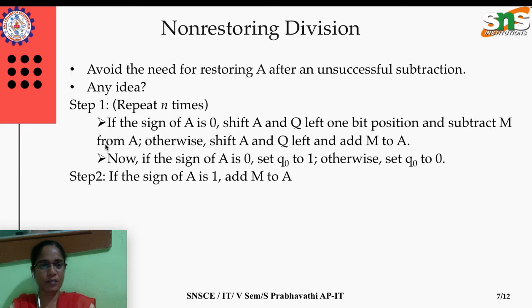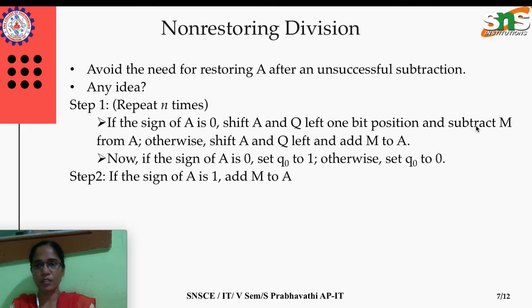It's an algorithm of two steps. Okay, it's quite simple. Okay, so again, n times, if the dividend is of n bits. Initially you check if the sign of A register is 0, then we shift AQ left. Okay, so left shift AQ and subtract. Otherwise, if the accumulator MSB is 1, we shift AQ and do the addition operation.